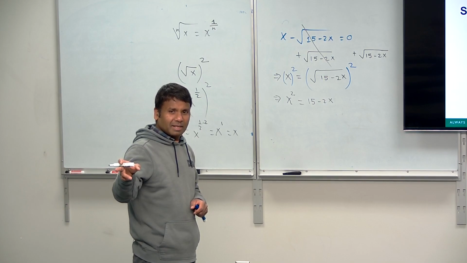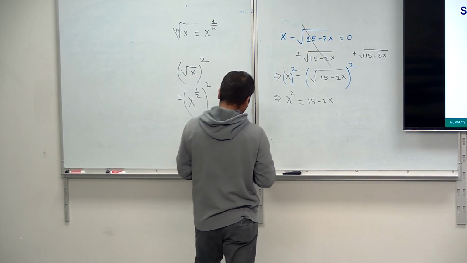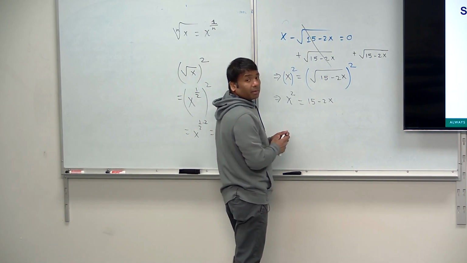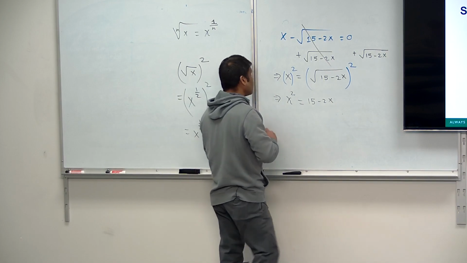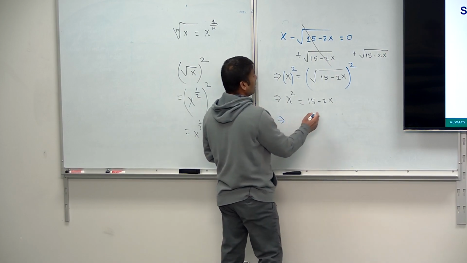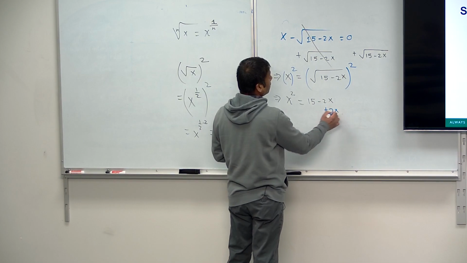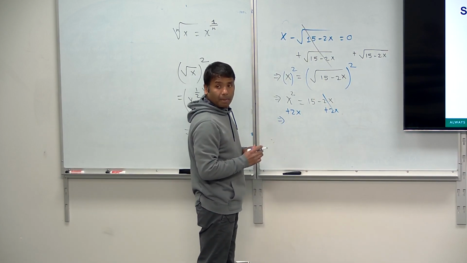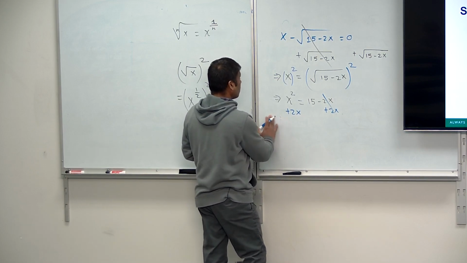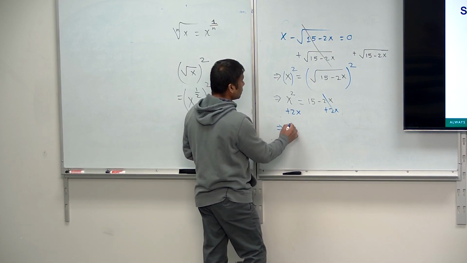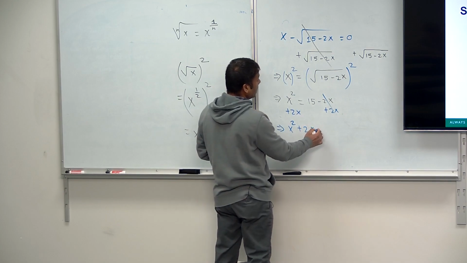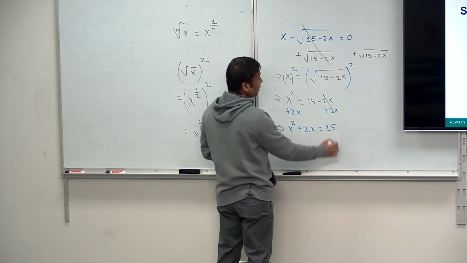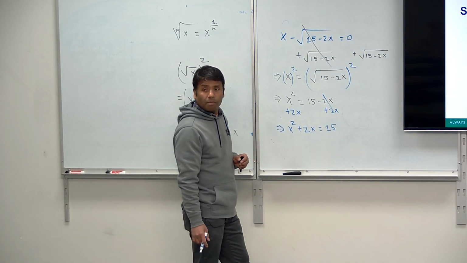That makes sense? Okay. So now, let me write this in standard form. You add 2x on both sides. You cross them out, right? So that is going to be x squared plus 2x equal to what? 15, right?